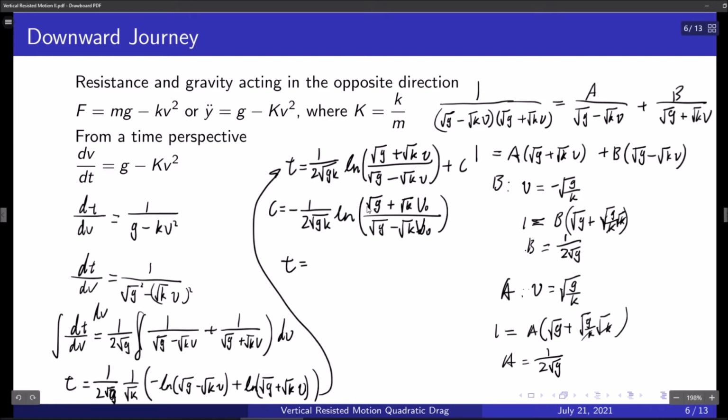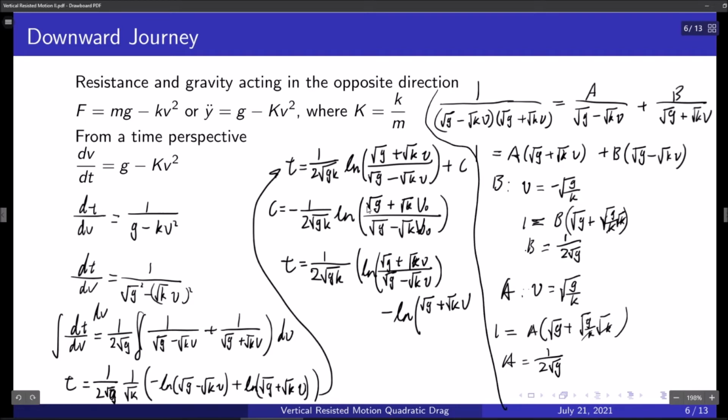So t equals 1 over 2 square root of gk, times log of square root of g plus square root of kv over square root of g minus square root of kv, minus log of square root of g plus square root of kv naught over square root of g minus square root of kv naught. So I'll probably segregate these.